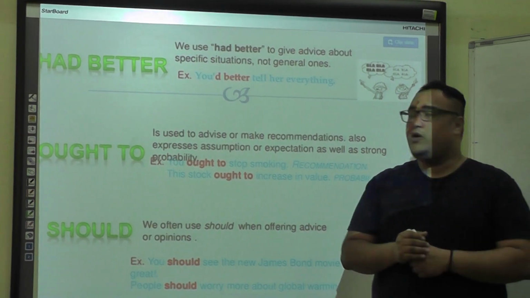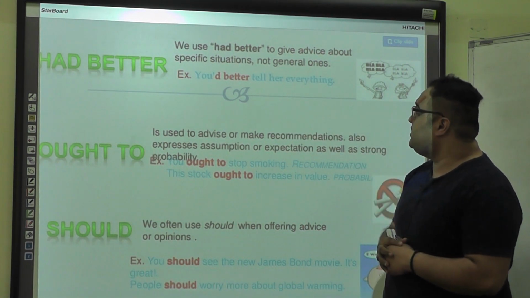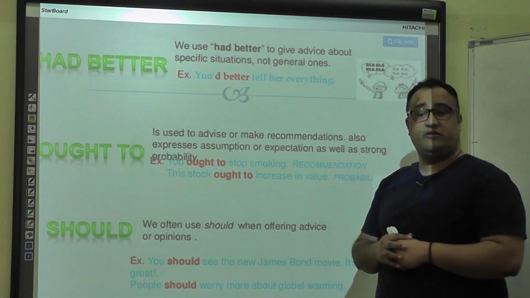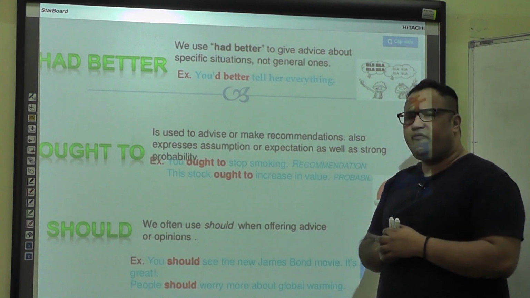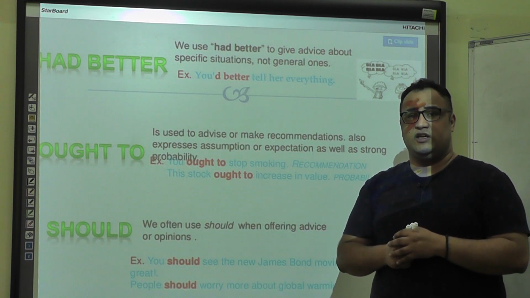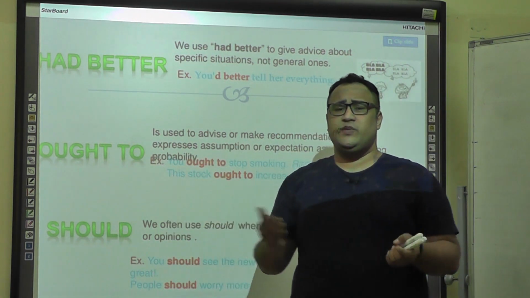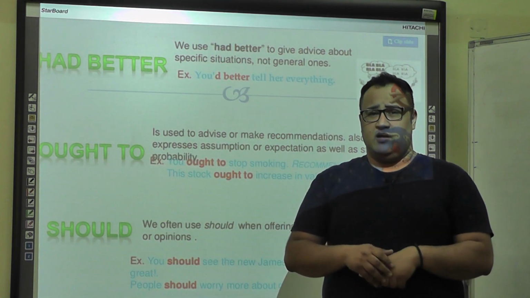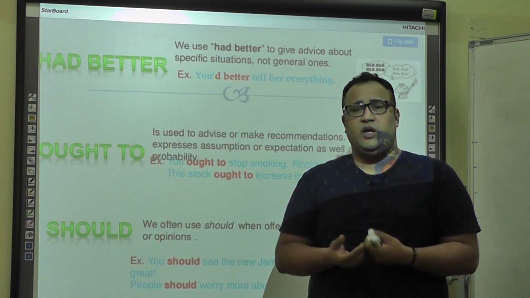Another one, had better. We use had better to give advice about specific situations, not general ones. For example, you'd better tell her everything. You'd better tell your mother that you're not feeling well. Another one, ought to. Sometimes they say ought to is archaic, or old, and should not be used.